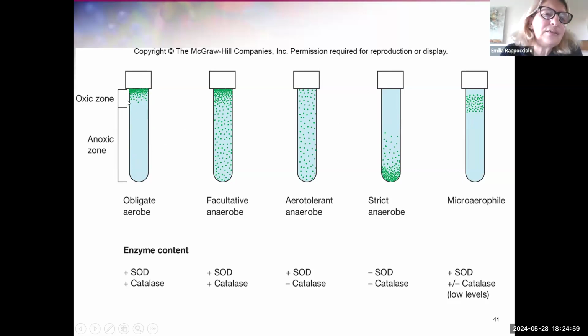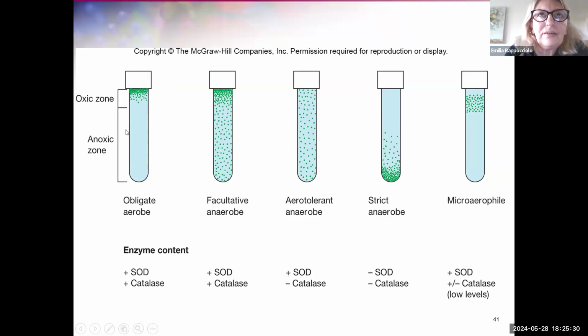So at the top you have the oxic zone where there is oxygen, and under it the anoxic zone. This distribution of the cells is linked with the type of enzymes found in these cells. The obligate aerobes that need oxygen all go near the top of the test tube where they can get the oxygen.